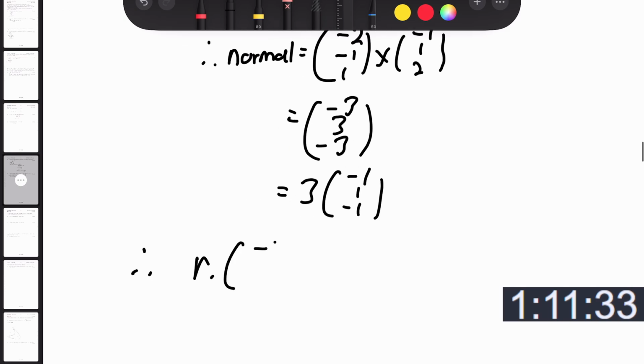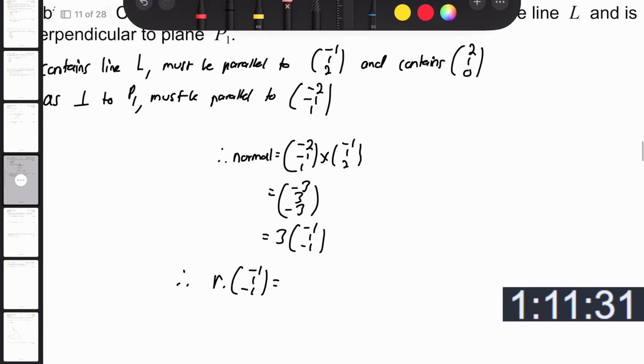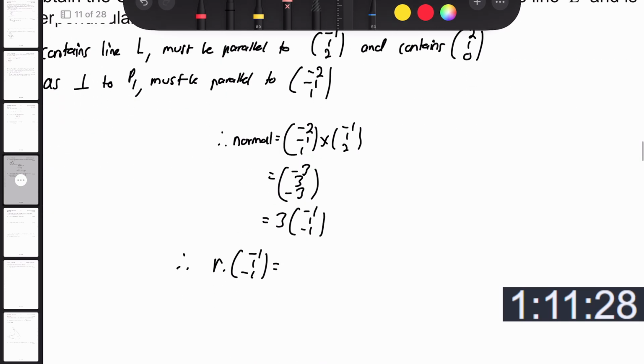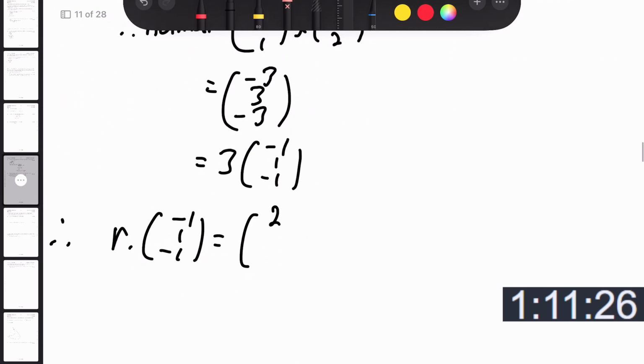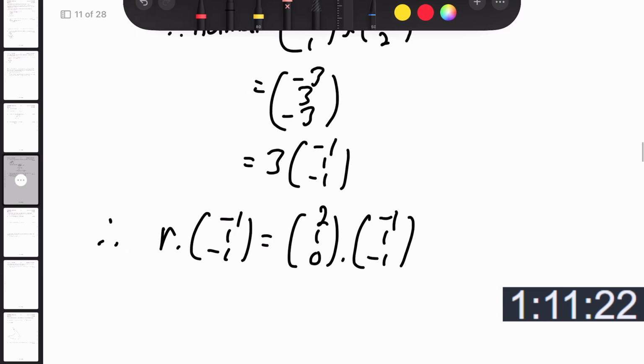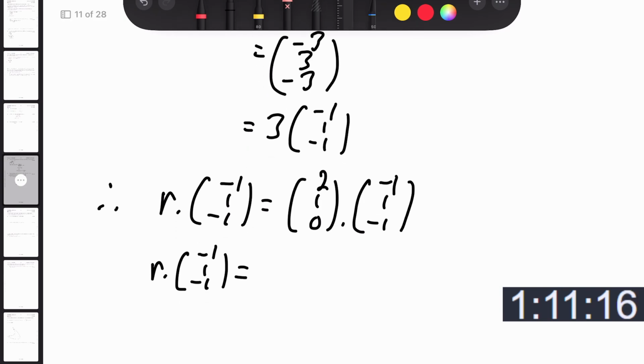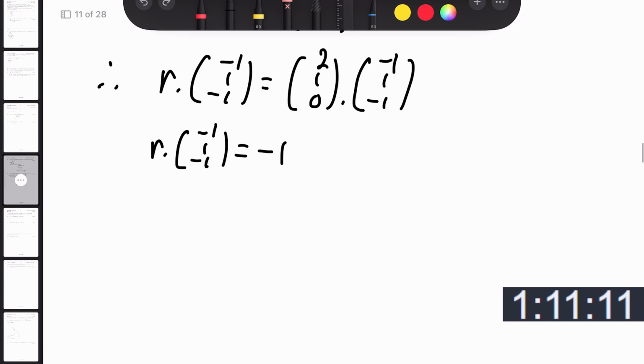Therefore, R dot -1, 1, -1 is going to equal 2, 1, 0 dot -1, 1, -1. So that's going to be -2 plus 1, so -1. So then -x plus y minus z is going to equal -1.